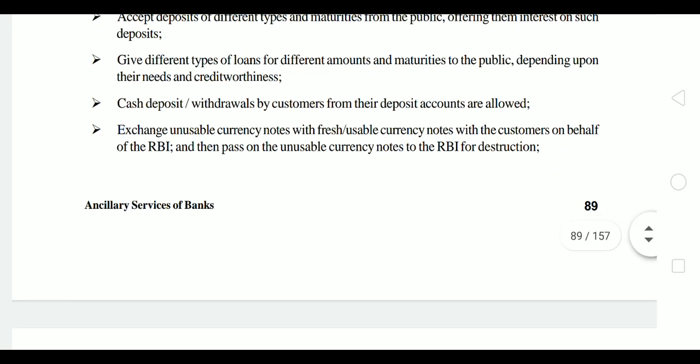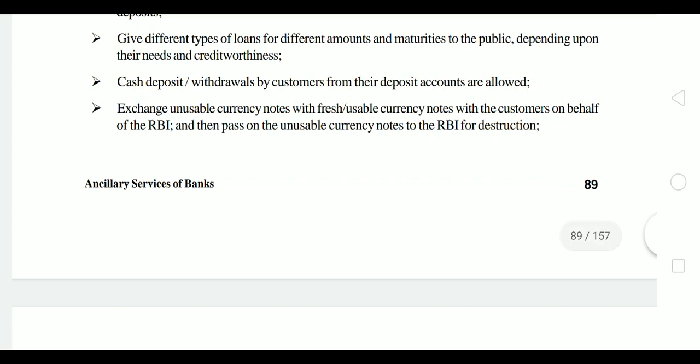Next, if you want to deposit cash or withdraw cash, that facility or service is provided by the bank branches. The next is the exchange of unusable currency notes. Like if we have some notes that are torn, we can take those notes to the bank and exchange them for fresh notes.